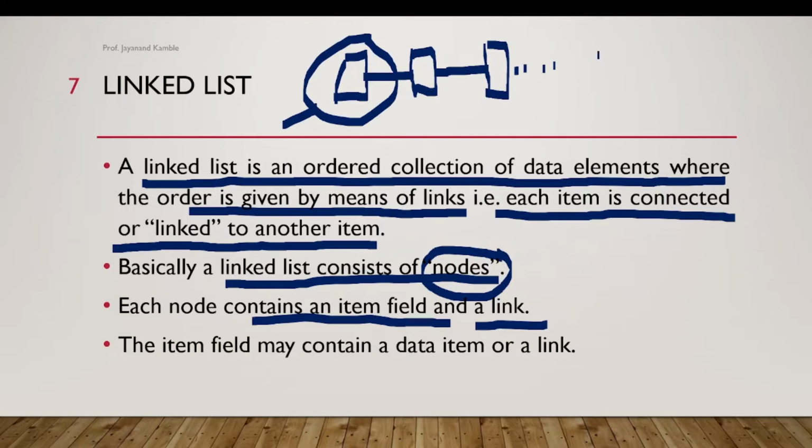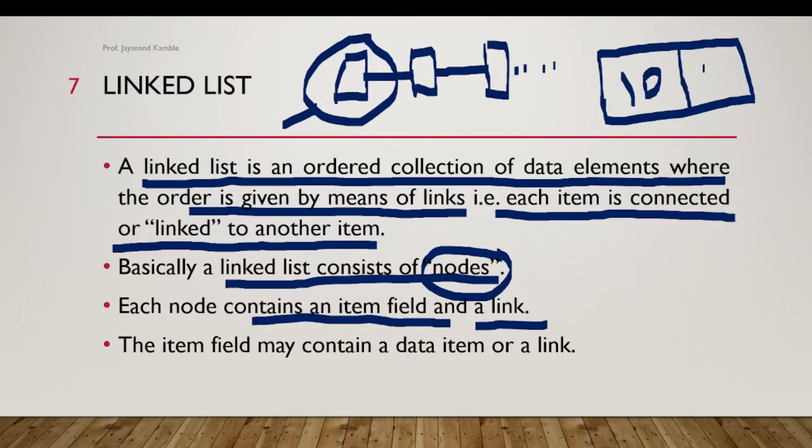So every node we create for a linked list will have two parts: one is called the data part and another is called the link part or address part. This node is going to have, let's say, element value 10, and here the address of the next node belonging to the same list. So the item field may contain the data item, or here we will have a link to the next element.